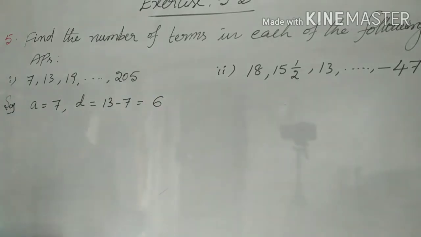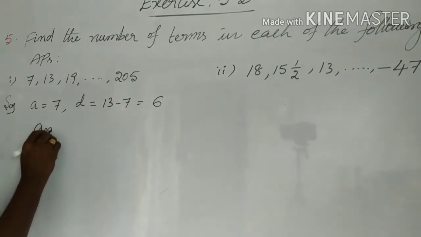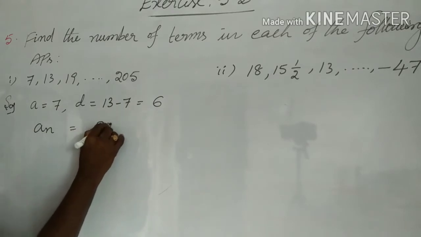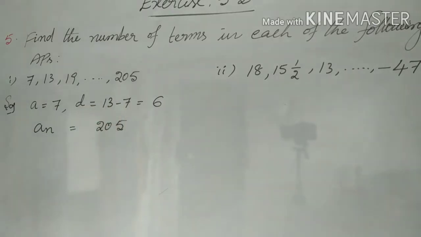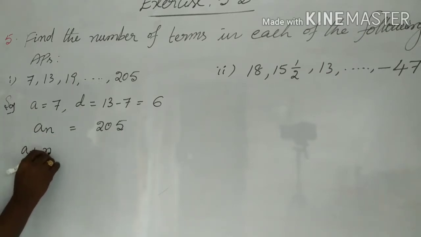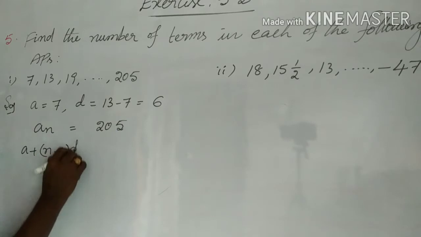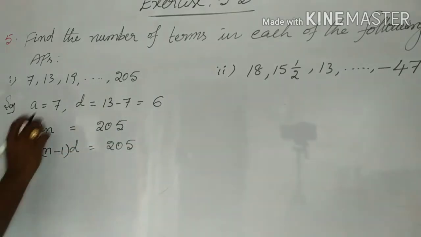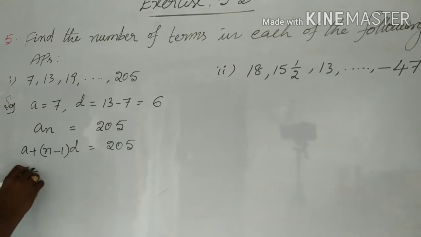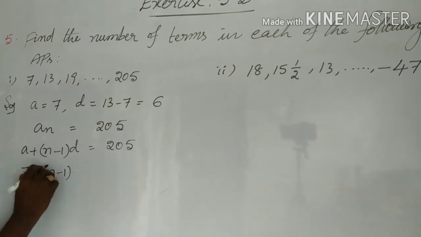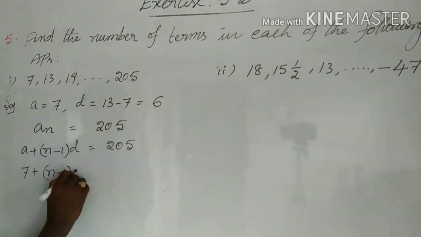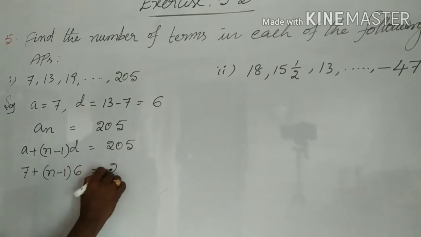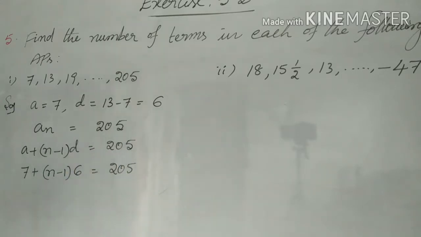That is the last term, that is the nth term, an is equal to 205. Find n, so for the nth term, what is the formula? a plus n minus 1 into d is equal to 205. a is 7, so 7 plus n minus 1 into d, which is 6, is equal to 205.